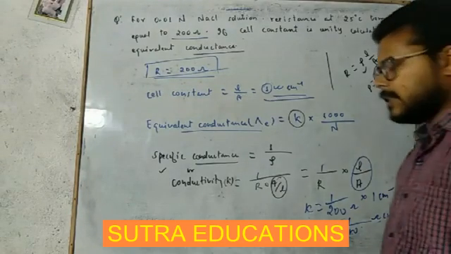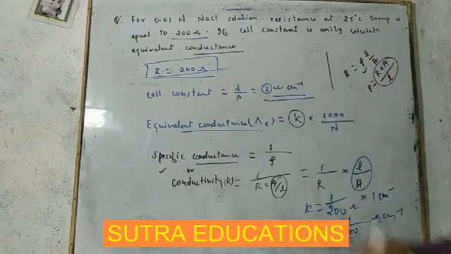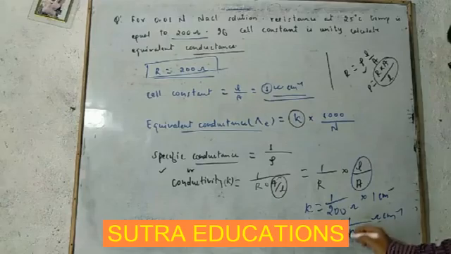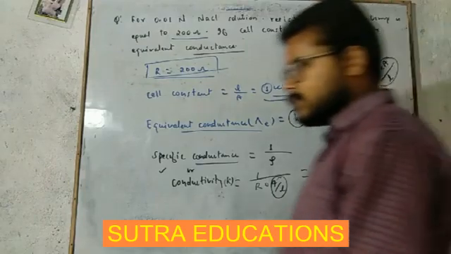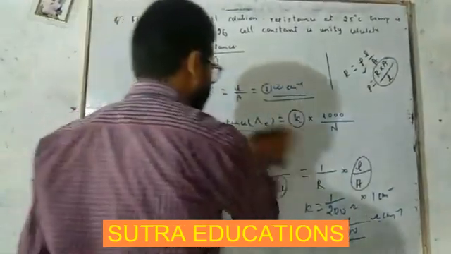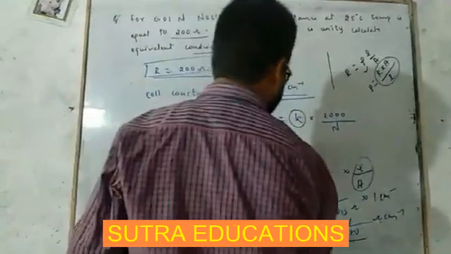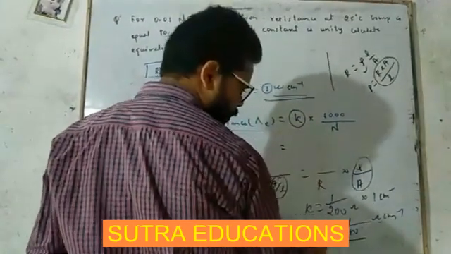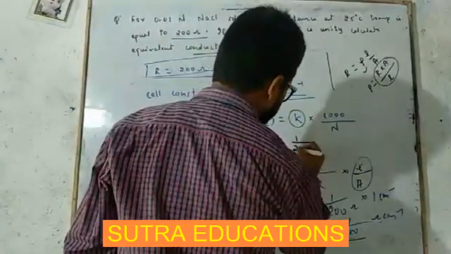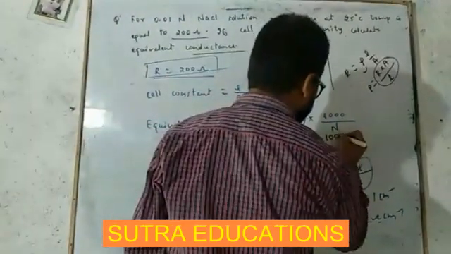Now we have to find equivalent conductance, and it is kappa into 1000 by N. So kappa we have calculated, it is 1 by 200. So it will be equal to 1 by 200 into 1000.